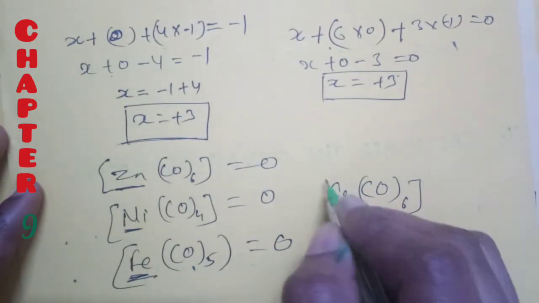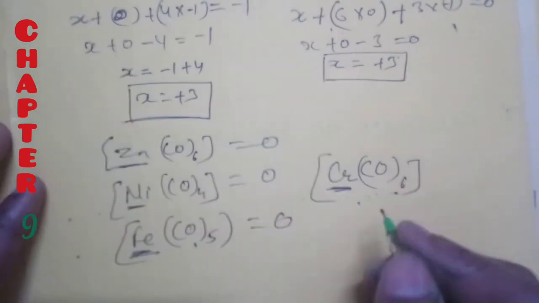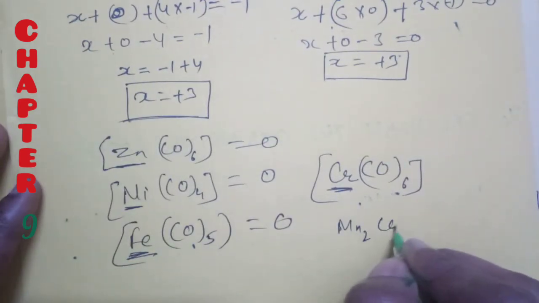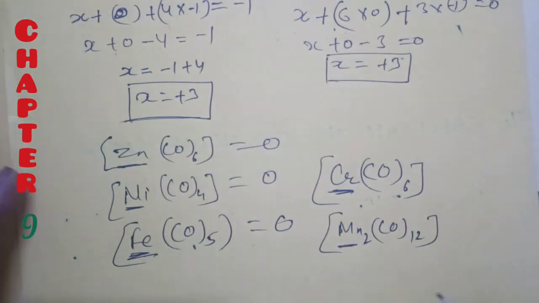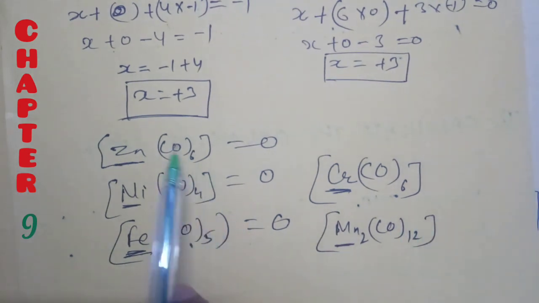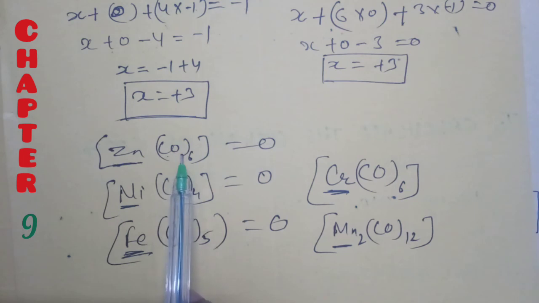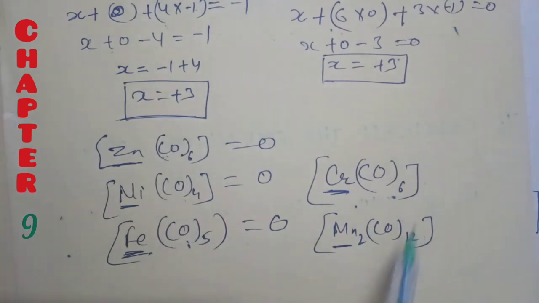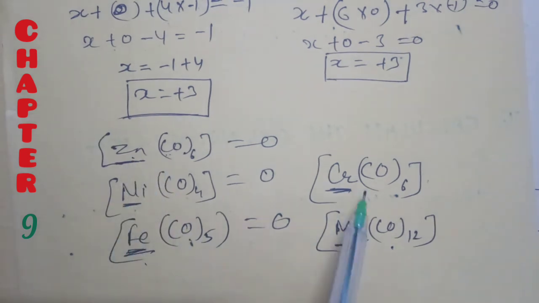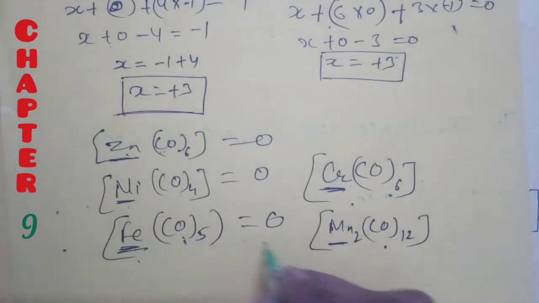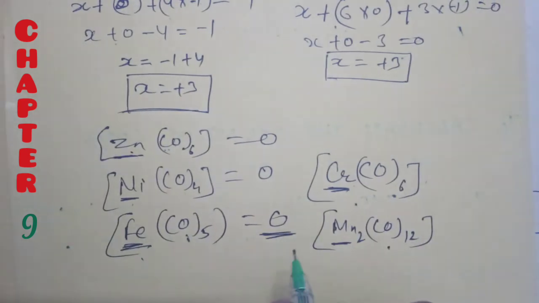In [Cr(CO)6] the oxidation number of Cr is 0. In [Mn2(CO)12] the oxidation number of Mn is 0. Okay, clear? CO is carbon monoxide, known as carbonyl. When only a carbonyl ligand is present in any compound, in any entity, the oxidation number of the central metal atom will always be 0. Okay, clear? Thank you.